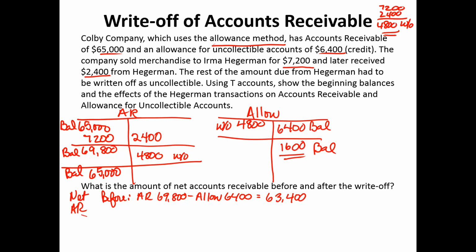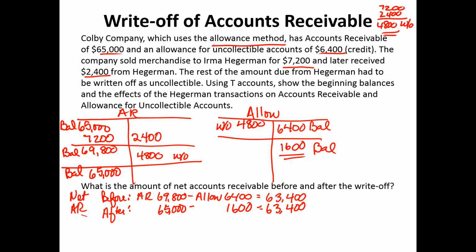So the question is, after the write-off, does that change the net realizable value? It doesn't, because accounts receivable now has a balance of $65,000 and allowance now has a balance of $1,600, so the net realizable value stays at $63,400.